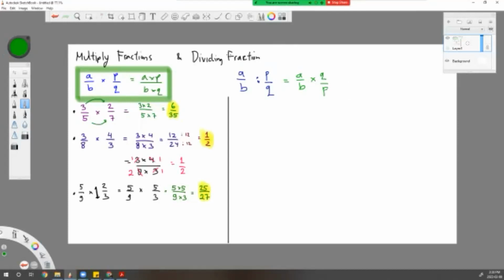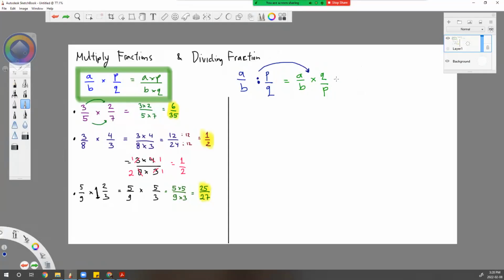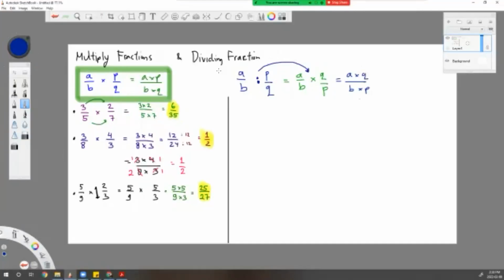So again, you need to convert the division sign to the multiplication sign, but don't forget to change this to q over p. So p over q, do the reciprocal on the second fraction, not on the first. So it equals, as usual, a times q over b times p.